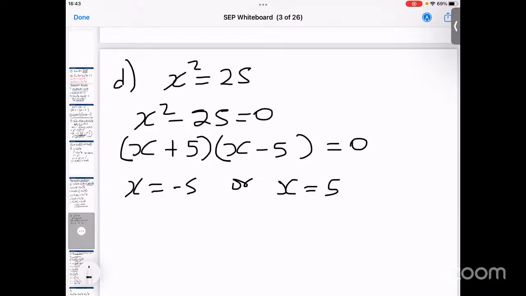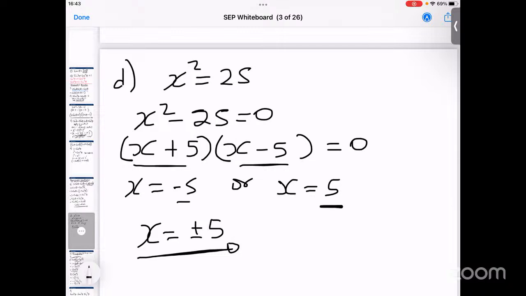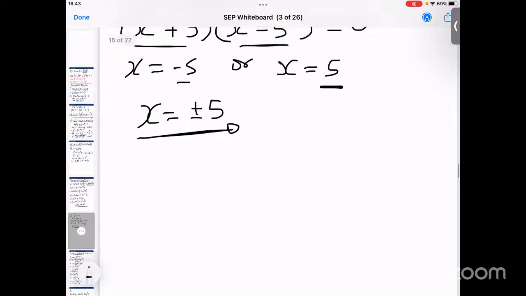Remember, this is equated to 0, that equated to 0. So in the end, you can see that your x is equal to plus or minus 5. You have your x as negative and also as a positive. So this is the first way to work it out.